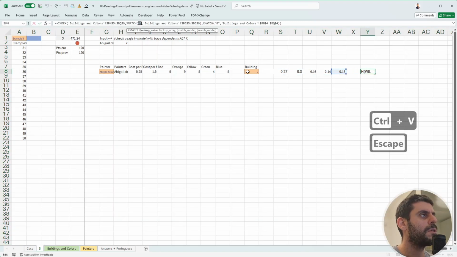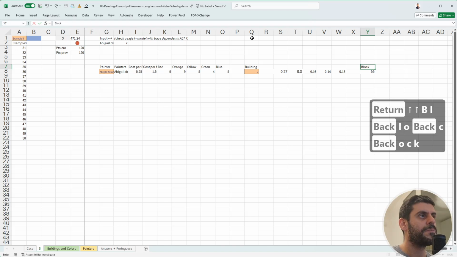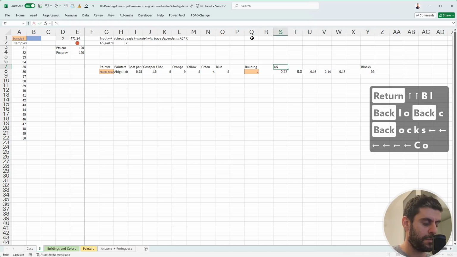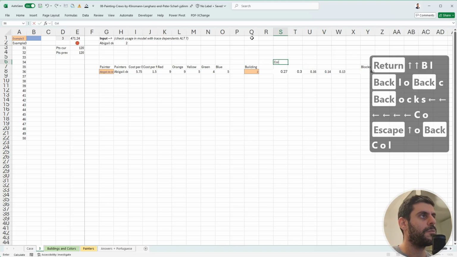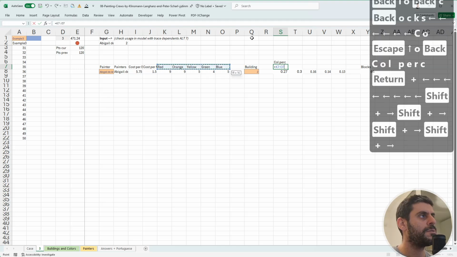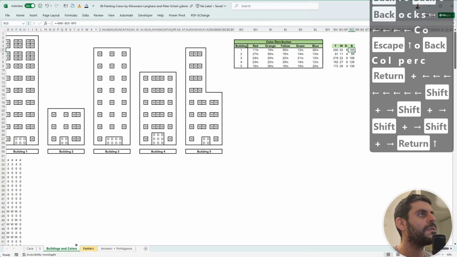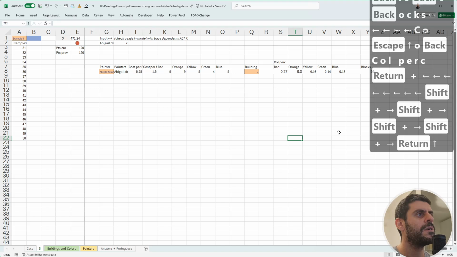So blocks, color percentage. Let's swap, those are in the same order: red, orange, yellow, green, blue. Yes, they are.